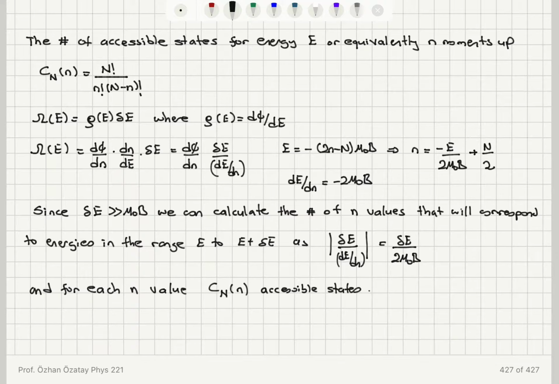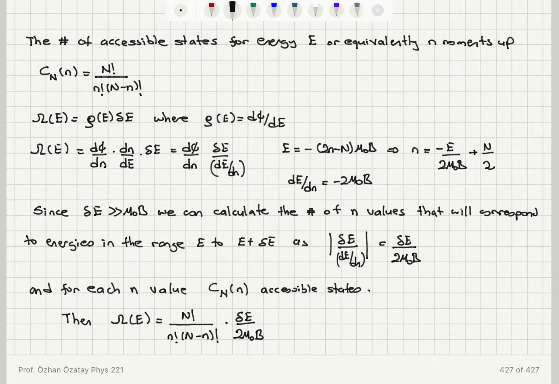So therefore I can obtain the number of accessible states when I have energies in the range E to E plus delta E as combinations of capital N objects taken n at a time, multiplied by the number of different n values that I can have, delta E divided by mu 0 B. Since capital N is a large number here, we are neglecting the variation in the combinations.